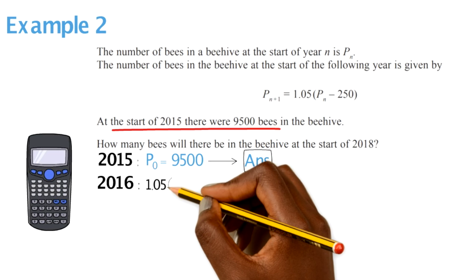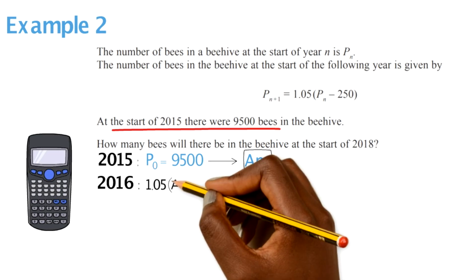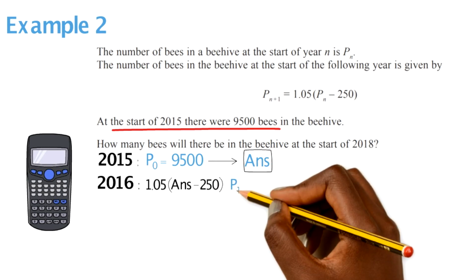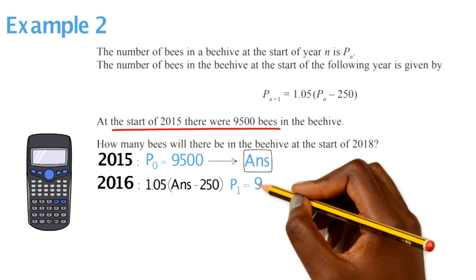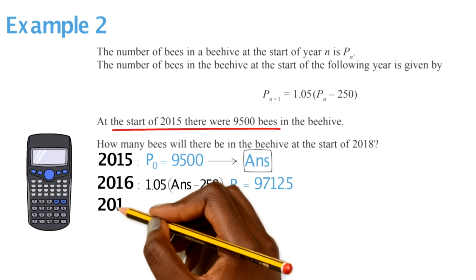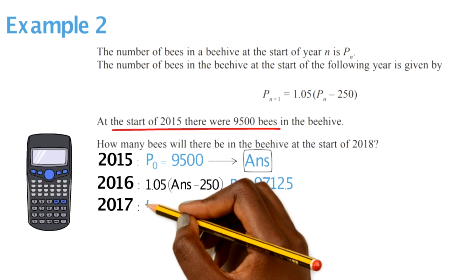So you'll end up putting in your calculator 1.05, the brackets, ans, remember, minus 250. Close your bracket and then press the equal sign to work out how many bees there would be in 2016. That's equivalent to your P1, and that would be 9,712.5. Press equal again to work out how many bees in 2017.